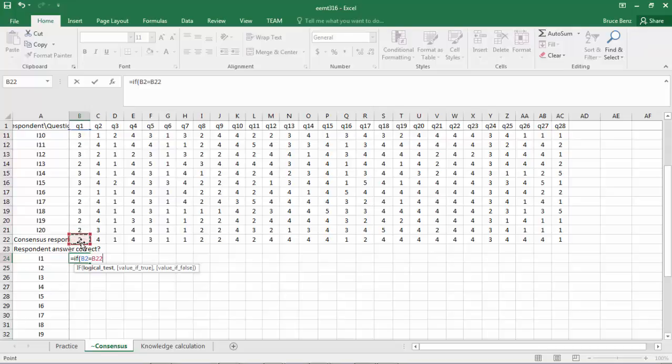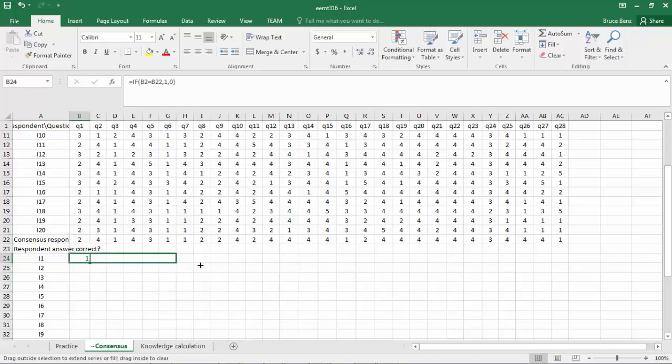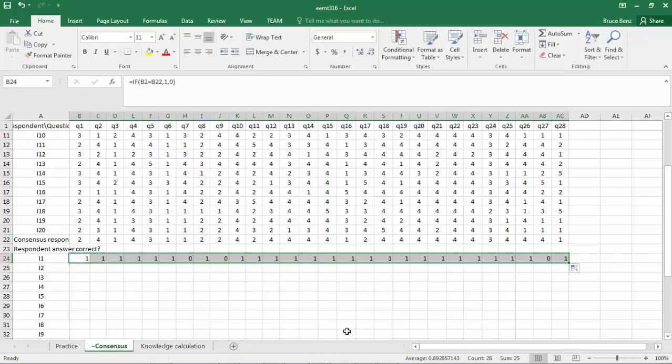And if the value is true, we ask it to place a 1 in that cell. If it's not true, we place a 0 in that cell. Now, like we did before, we can use the cursor to make the correctness determination for all questions for that respondent by copying that formula to the cells at the bottom of each question.